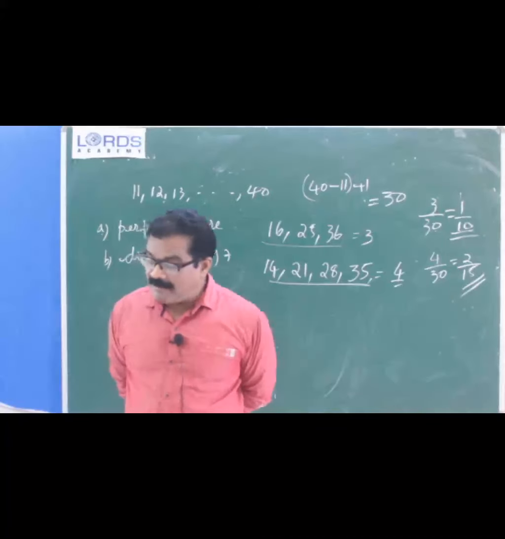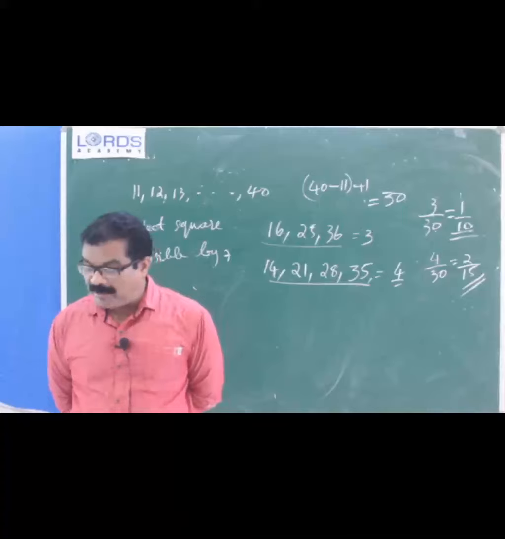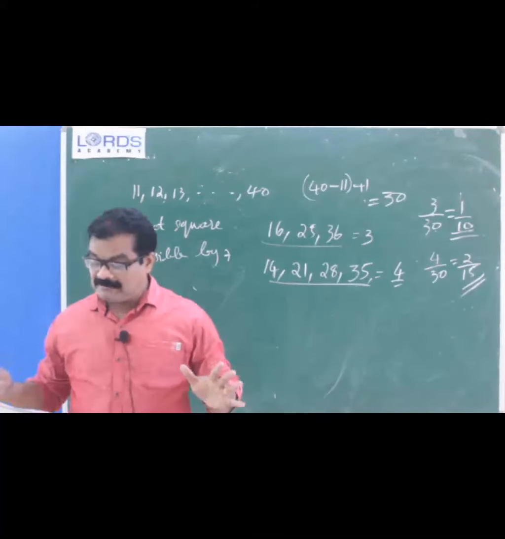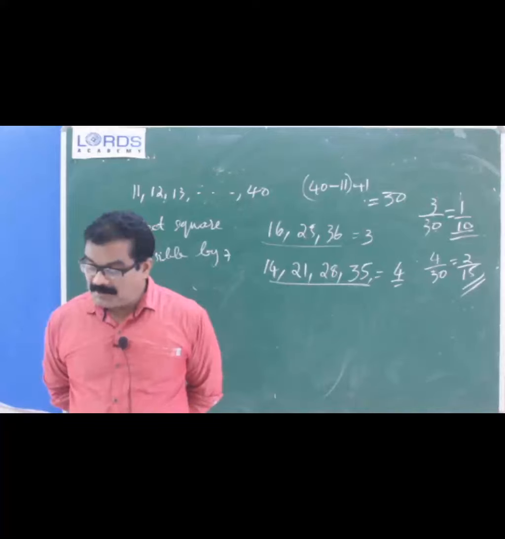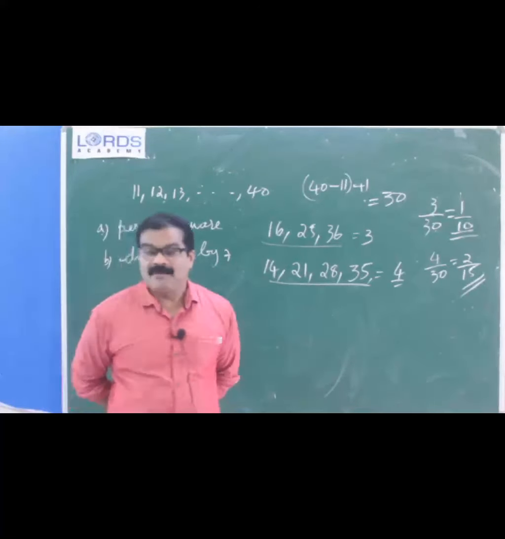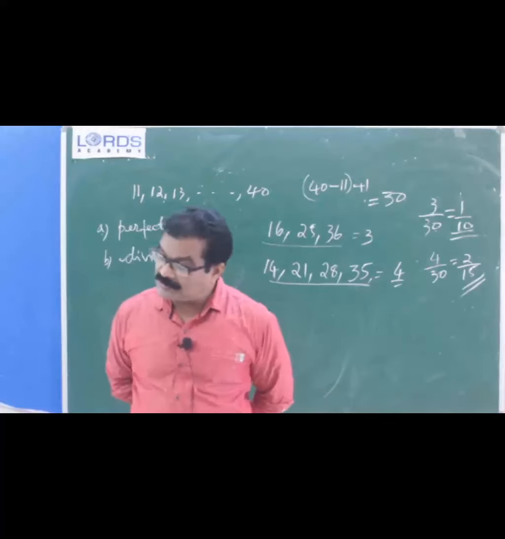Then the third part: neither a green ball nor a white ball. What is the meaning of that? You avoid green and white. The remaining balls are the 6 red balls. 6 by 20, that is 3 by 10. You can do that one. A 2015 question, a very easy question also.